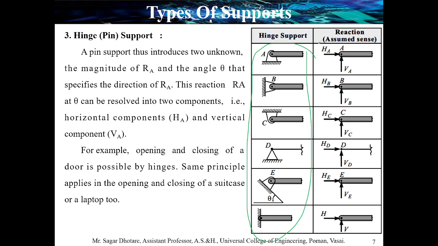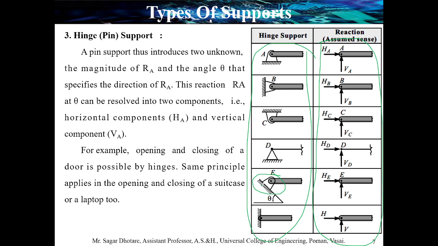Also, the support reactions are shown. You have to remember the different ways in which the hinge support is shown, because in this particular example students might be confused between roller support and hinge support.